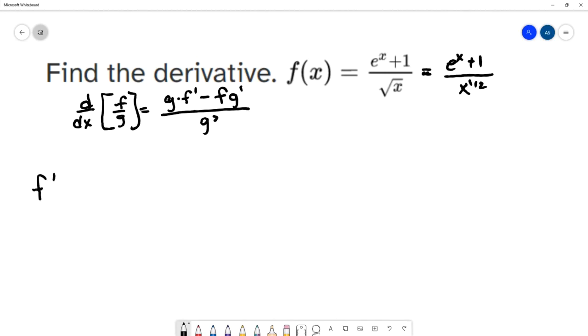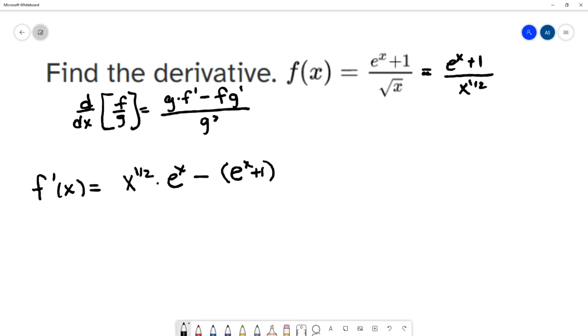So f prime will be our denominator, x to the 1/2 power, times the derivative of the numerator. The derivative of e to the x is e to the x, and the derivative of 1 is 0. That gives us the denominator times the derivative of the numerator minus the numerator, e to the x plus 1, times the derivative of the denominator.